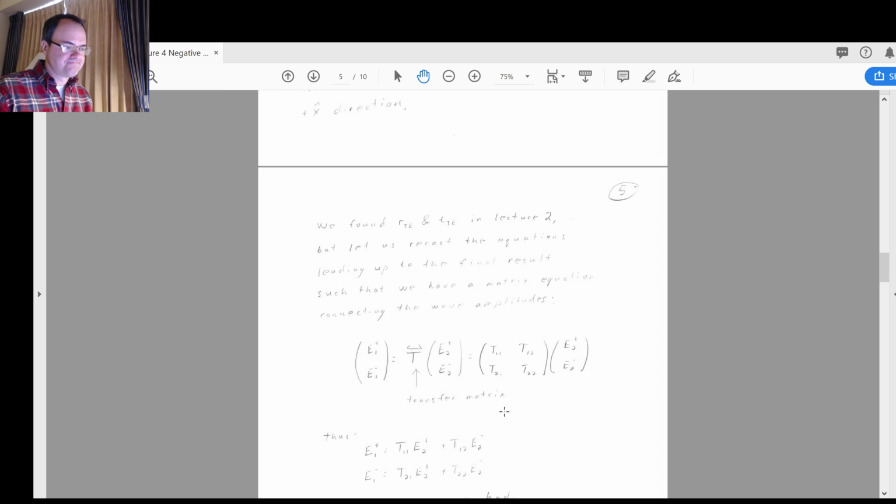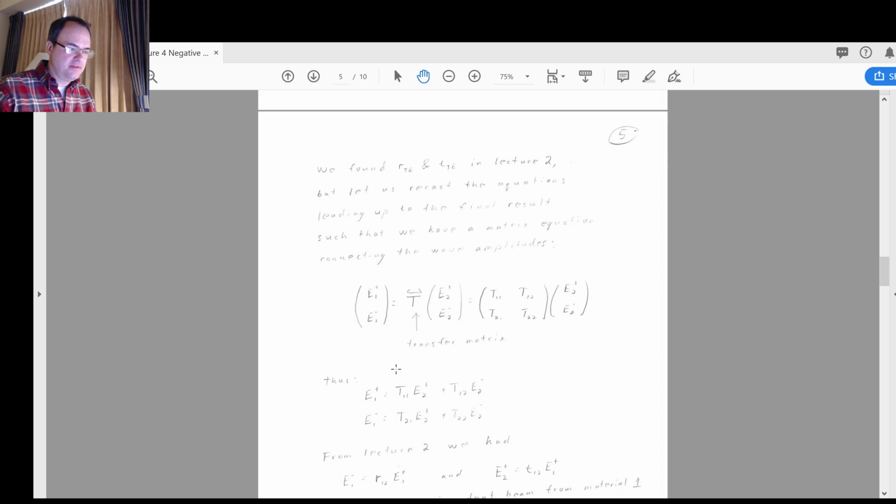But let's recast that equation leading up to the final result that we'll see in Marquez's book. All right, so Marquez likes to do it this way, where he has E1 plus and E1 minus as a column matrix.